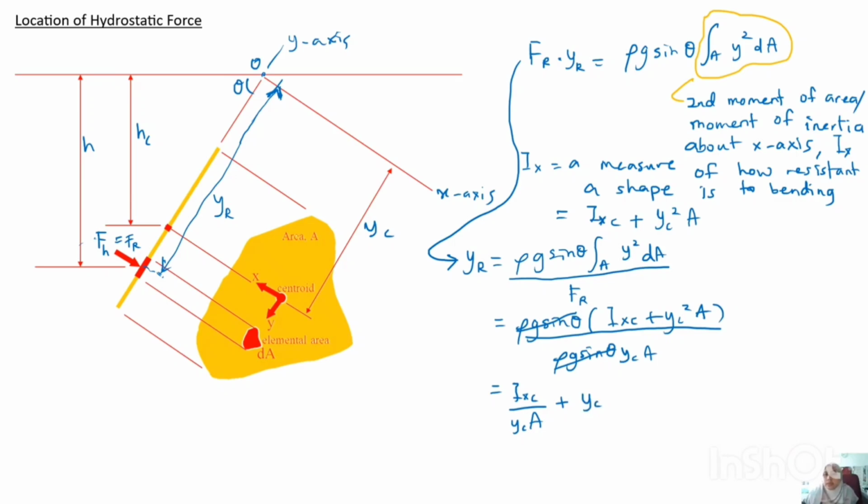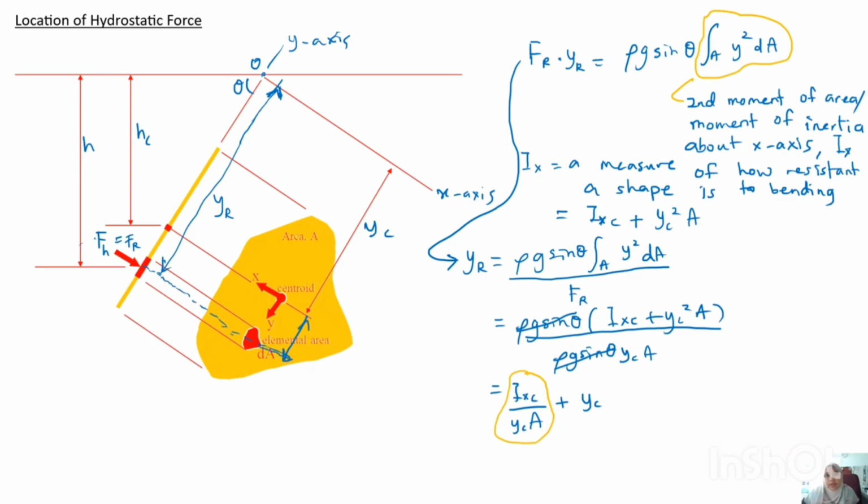So you go to the diagram. yr is equal to yc plus this term. So we have yr here, yc, then we have another distance here. This distance is from the centroid to the line of action of the force.